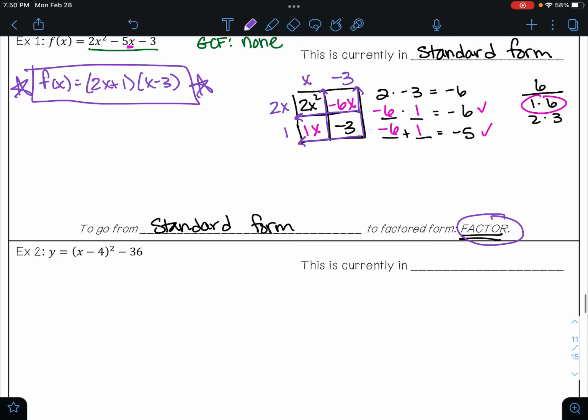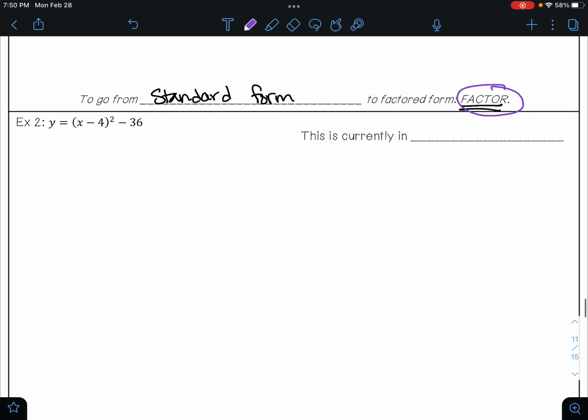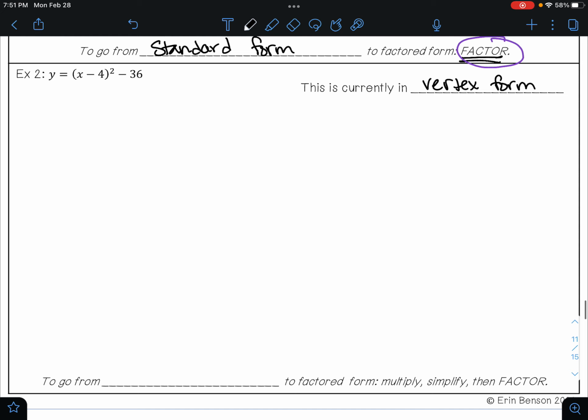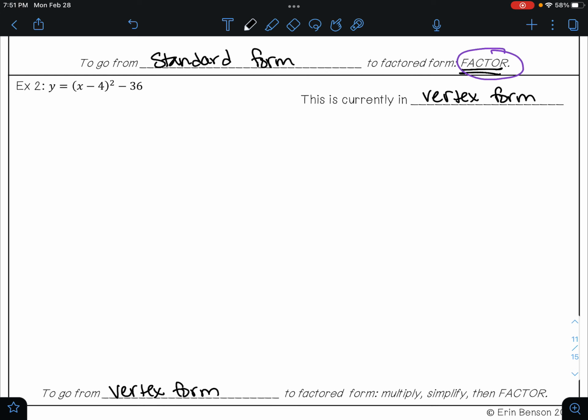Let's go ahead and look at example 2. On example 2, y equals x minus 4 squared minus 36 is currently in what form? This is currently in vertex form. To go from vertex form to factored form, we will need to multiply, simplify, and then factor.